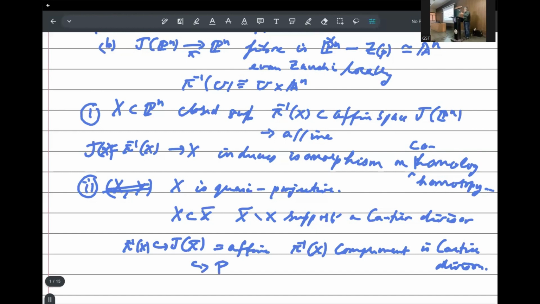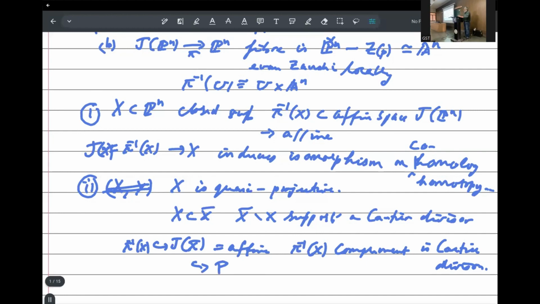If you've got an affine variety sitting inside a projective variety, the complement can be assumed to be an ample divisor, by taking a completion. So you got an ample divisor, you got some other divisor, you can combine the two and you get an ample divisor. So that means pi inverse of x is the complement in a projective variety of an ample divisor. So it is affine.